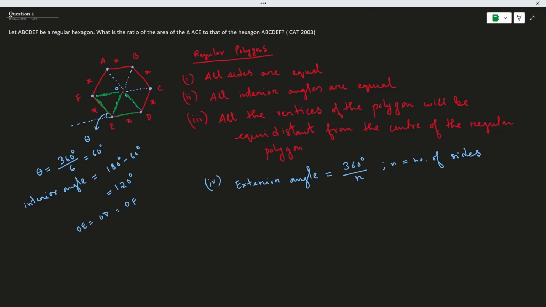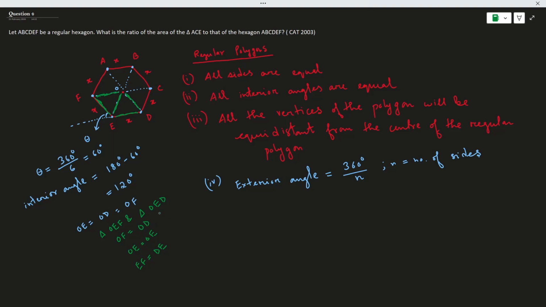See, OF is equal to OD. OE is equal to OE, which is the common side. EF is equal to DE. Triangle OEF and triangle OED, these two triangles I have written that the corresponding sides are equal.